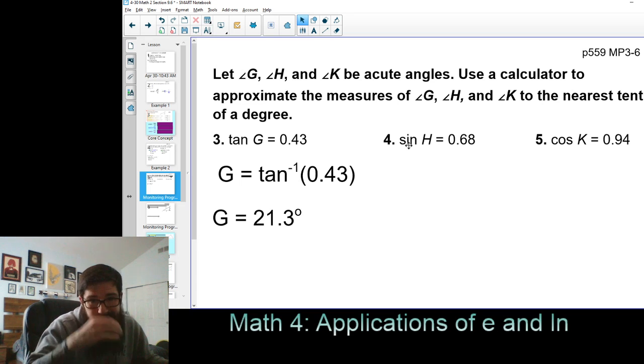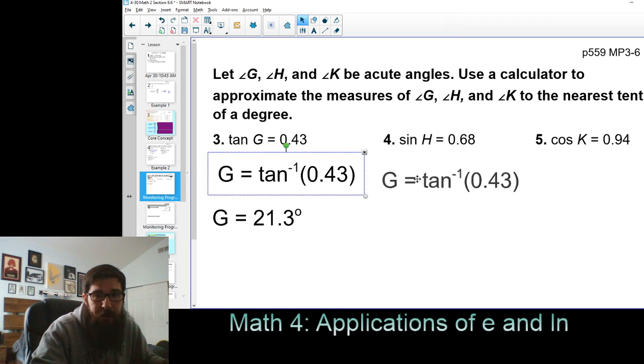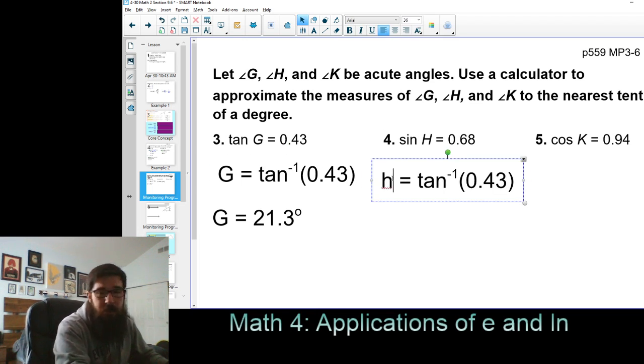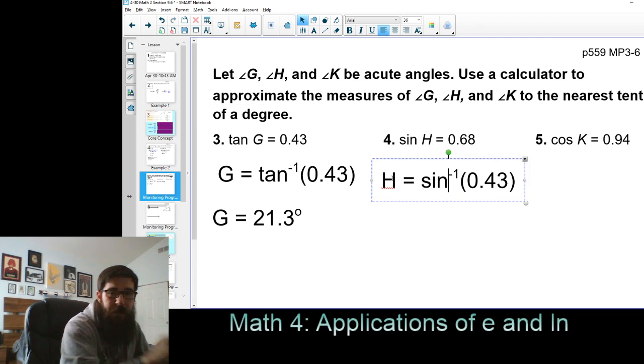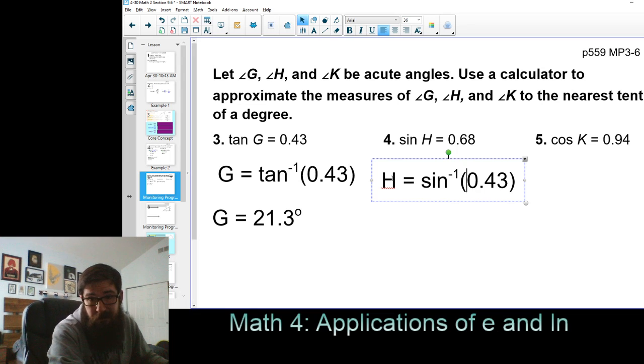Number 4 says sine of h is 0.68. I'm trying to solve for h, so what undoes sine? An inverse sine. So it's going to be h equals the inverse sine now of 0.68. Do you start to see the pattern with some of this? I'll use Desmos this time.